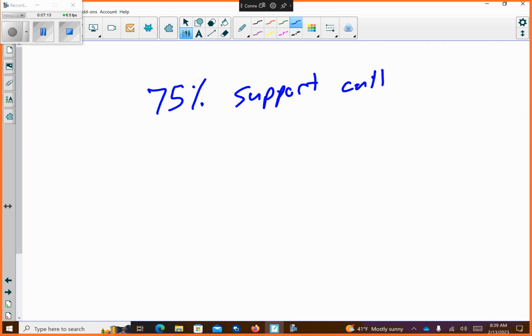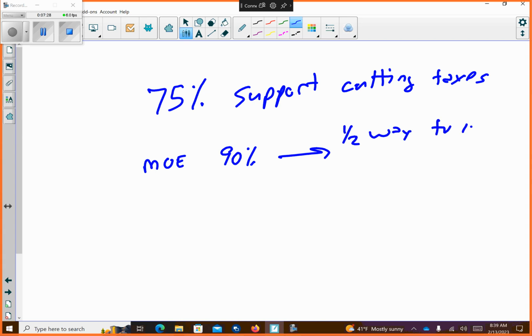Not sure what's wrong with the other 25%, but we'll just go with this. And then they say we're going to create a margin of error of 90%. So what's halfway to 100? Yeah, it would be 95% or 0.95.